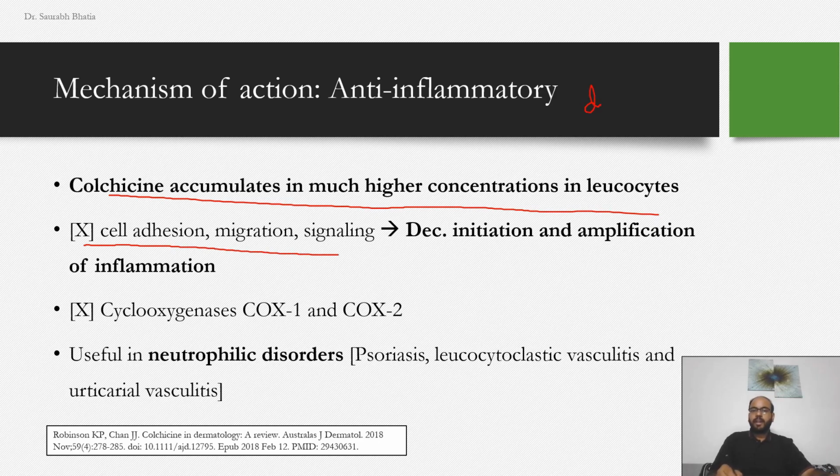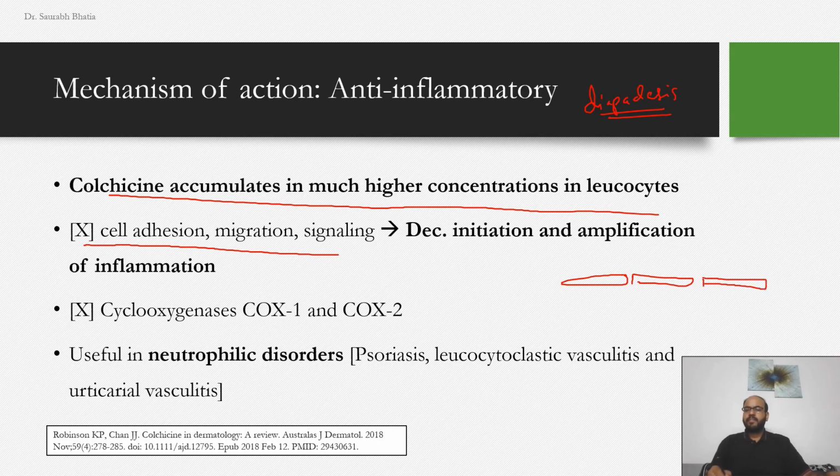Remember the process of diapedesis. This is the process through which inflammatory cells migrate to the edge of the blood vessel and through the cells reach the end organ, like the skin. For that process to happen, the inflammatory cells need to attach to the blood vessel wall. Let's say you have endothelial cells here.